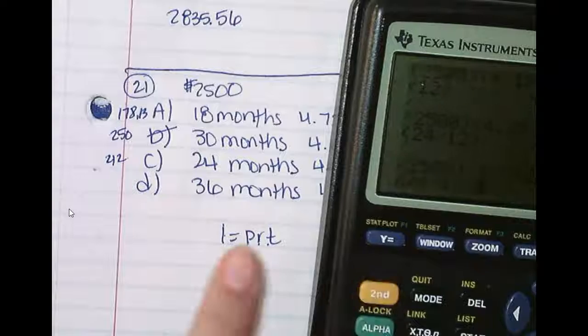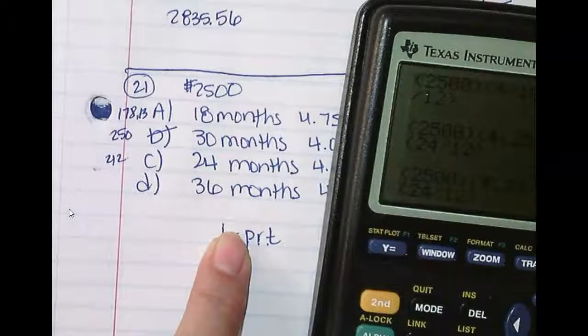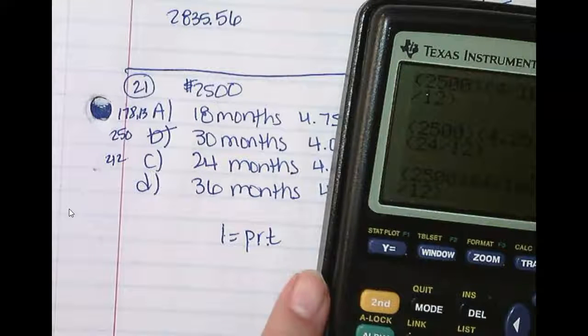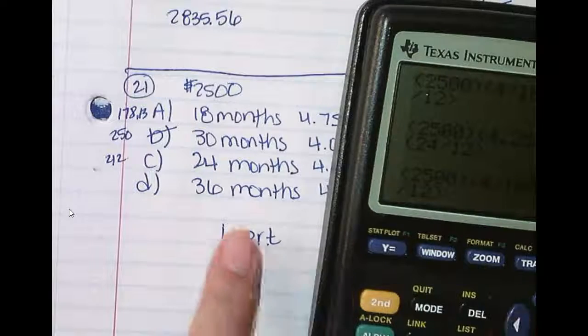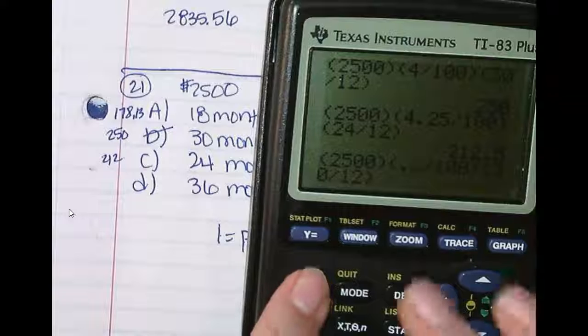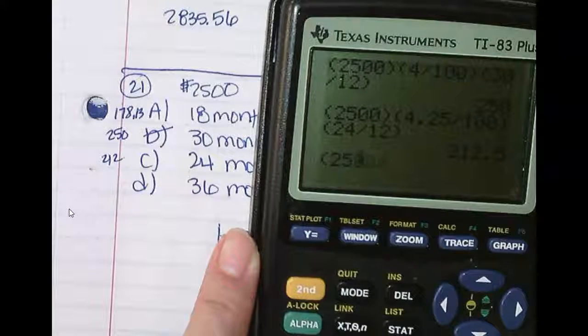One more time. Keeping the 2,500, and the percent is 4.50. Whoops. Well, that's not what I meant. 4.50. We're going to just retype it. 2,500.